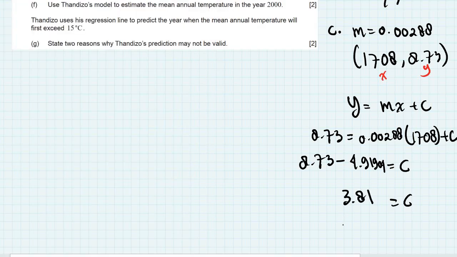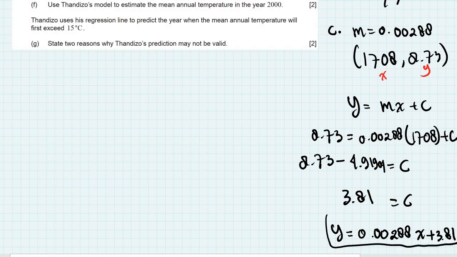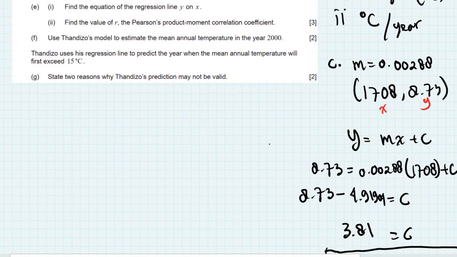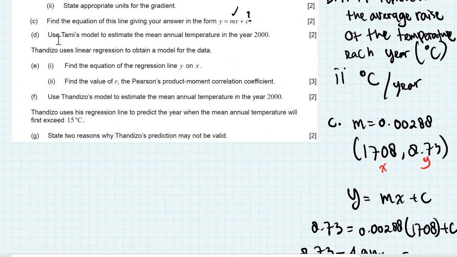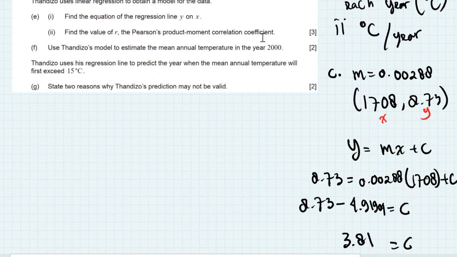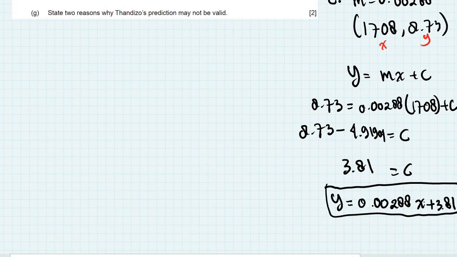So that means the equation will be y equals 0.00288x plus 3.81. Okay, this will be it. Phew. Next, we have to use the model to estimate the mean of annual temperature in the year 2000, meaning the x is 2000.